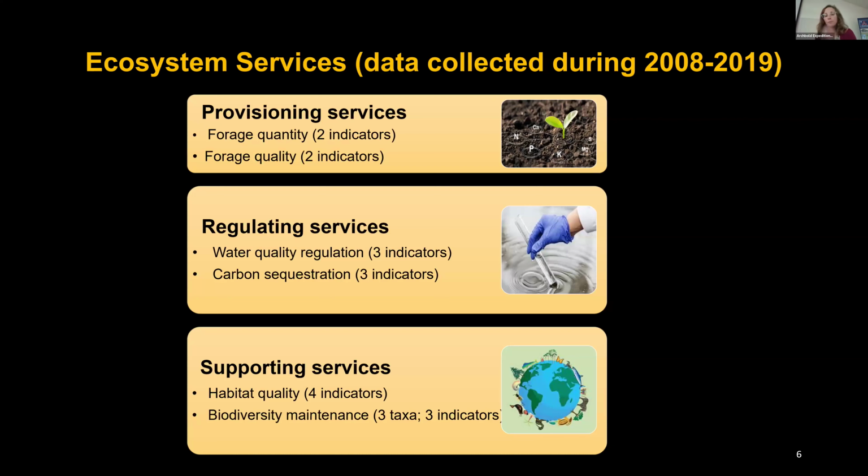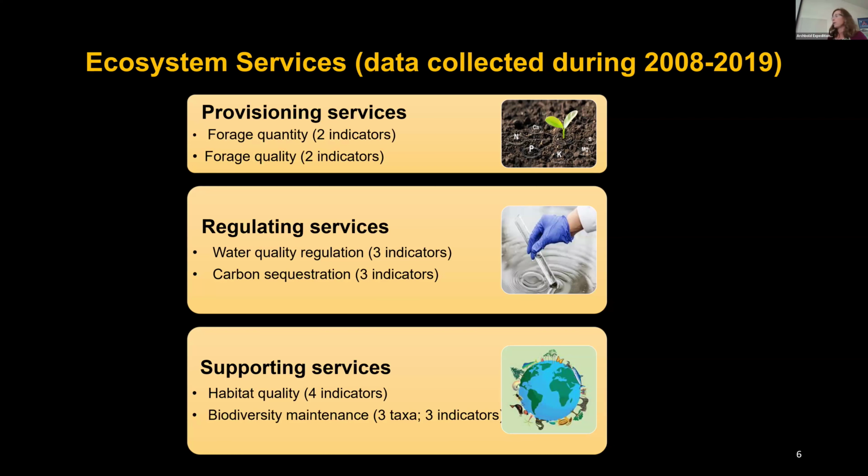So in this data analysis, we looked at 3 different categories of ecosystem services. Provisioning services are the products directly obtained from the ecosystems, and we measured this with forage quantity and forage quality. That relates to beef production.